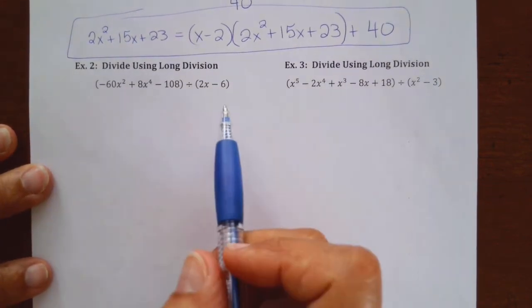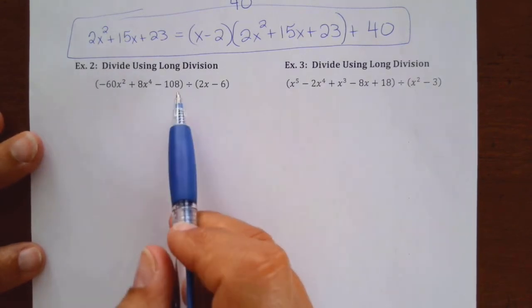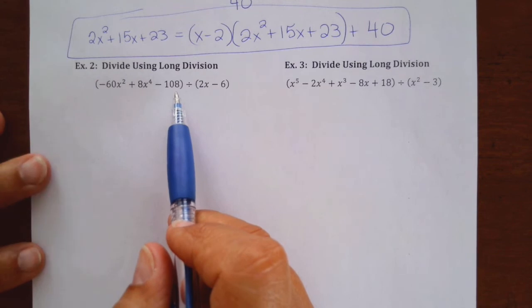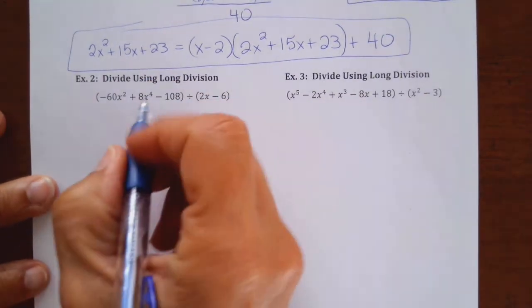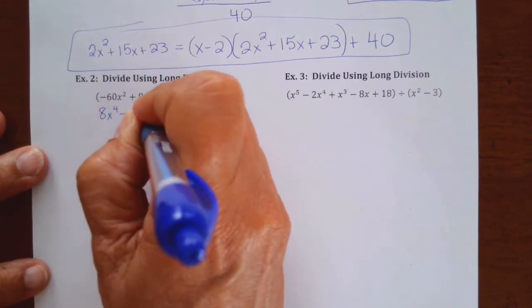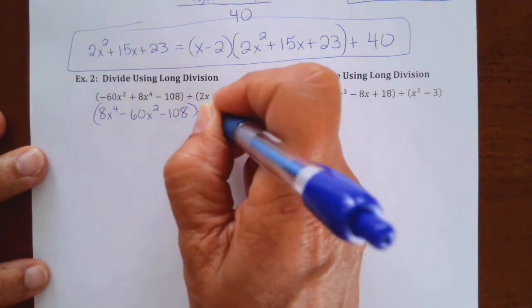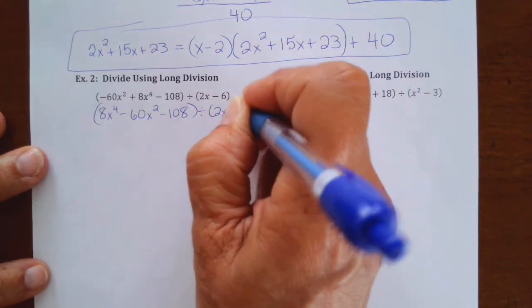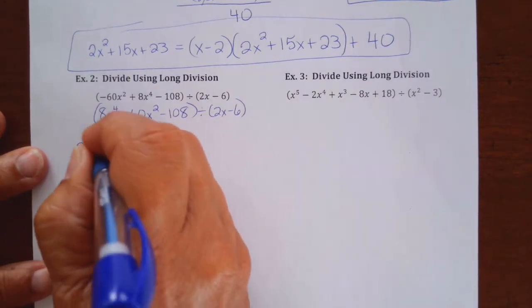So this one is not in standard form, and remember we have to have placeholders. So I always like to write this out before I do the problem. Okay, so the 8, I'm just going to move these the way they belong first. There's standard form. But now when I put this in my division problem, I'm still dividing by 2x minus 6.